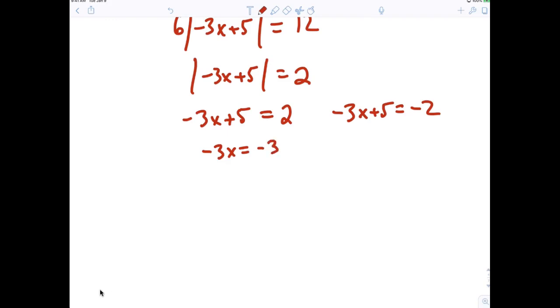Good. Why is it 4? You're dividing, right?